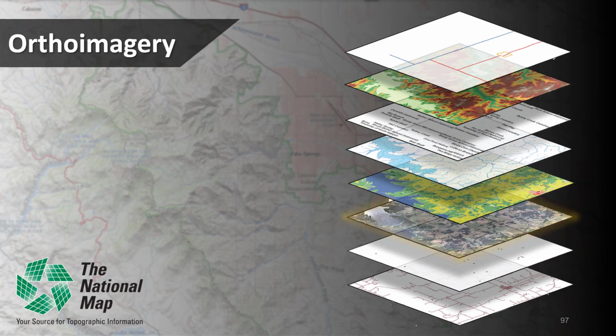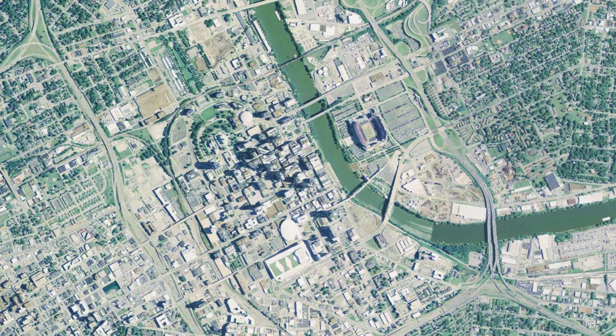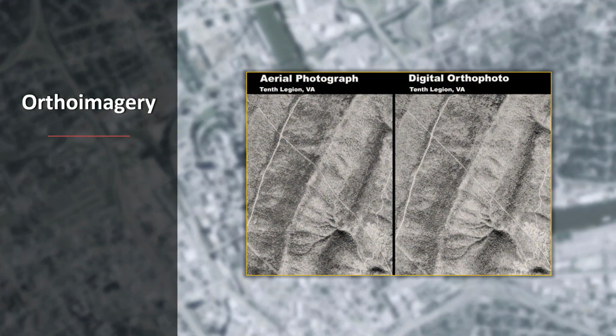Orthoimagery. The final layer of the national map we will discuss is orthoimagery. High-resolution, ortho-rectified digital aerial photographs and satellite images make up the image component of the national map. The process of orthorectification removes feature displacement and scale variations caused by terrain relief and sensor geometry.